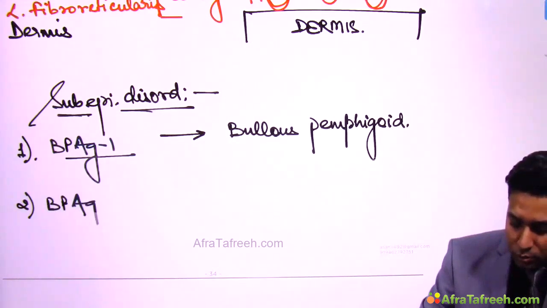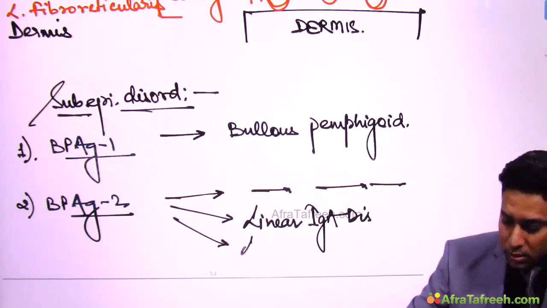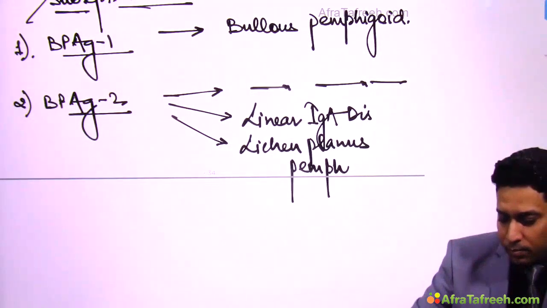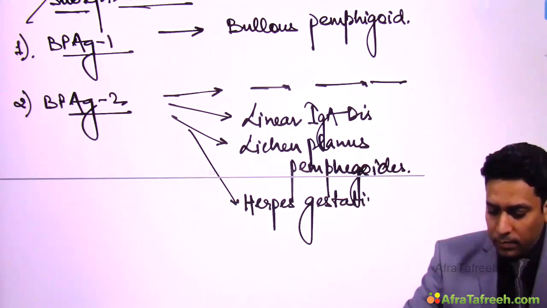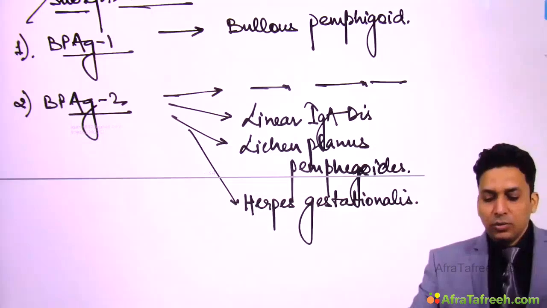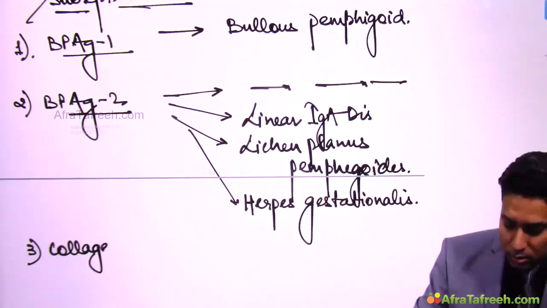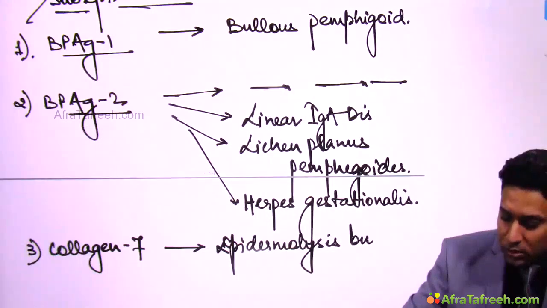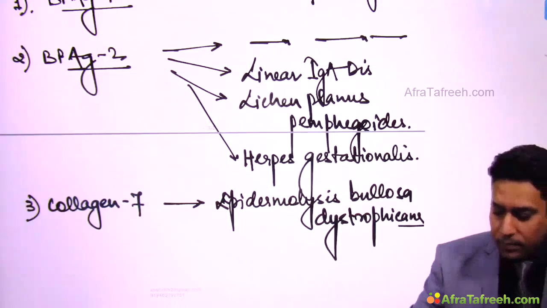Due to defect in BPAG2, patient can develop bullous pemphigoid, linear IgA disease, lichen planus pemphigoides, so due to defect in BPAG2, the disorders which arise are bullous pemphigoid, linear IgA disease, lichen planus pemphigoides, herpes gestationis, then collagen 7, epidermolysis bullosa dystrophica, epidermolysis bullosa dystrophica.